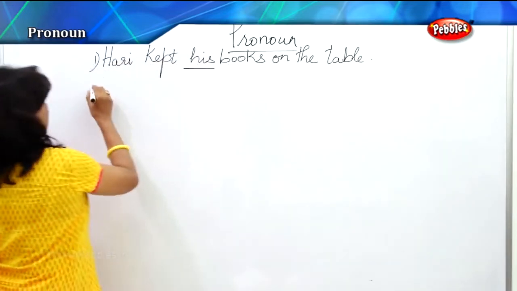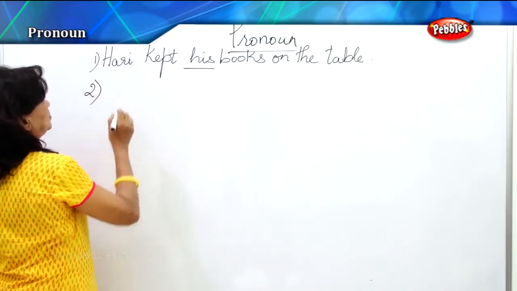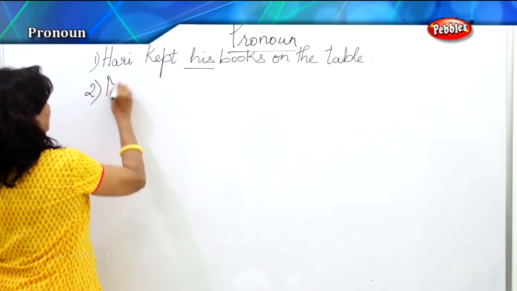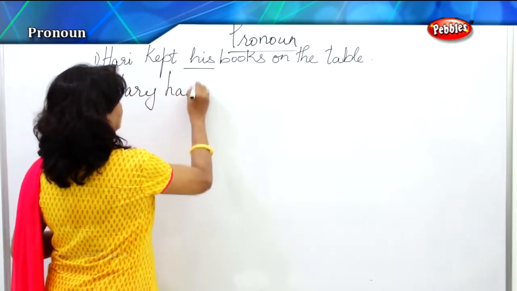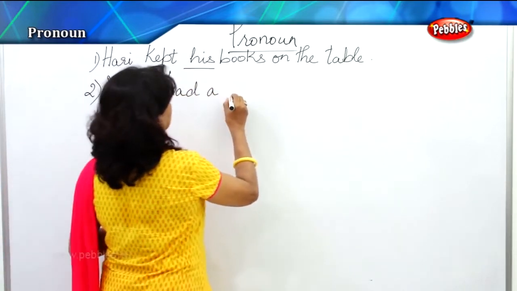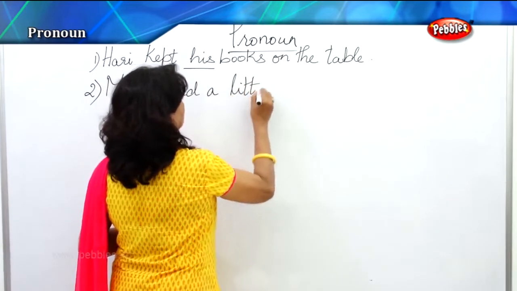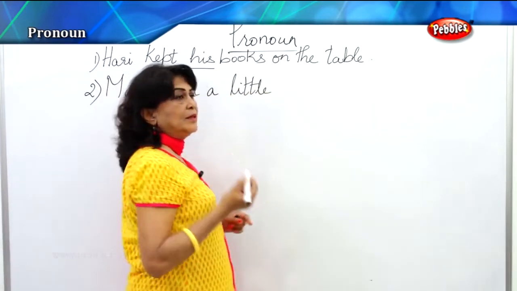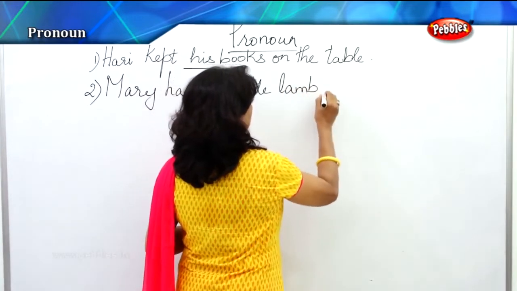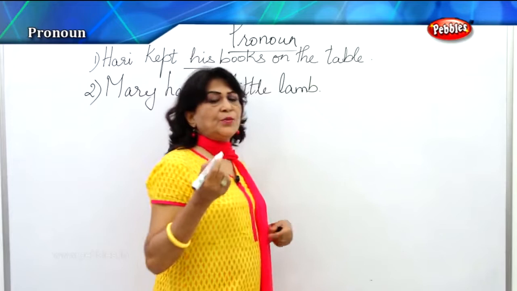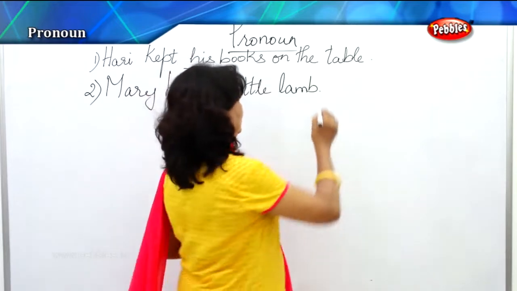Okay, second one, Mary had a little lamb. Have you read this nursery rhyme? Mary had a little lamb. Its fleece was white as snow.